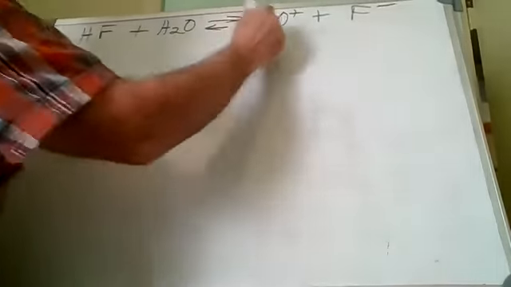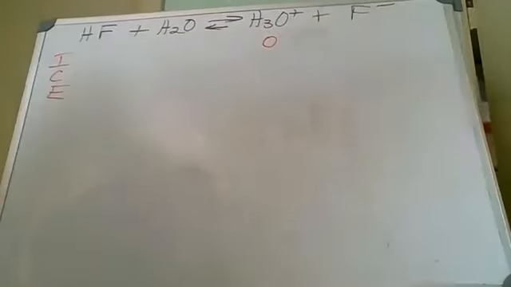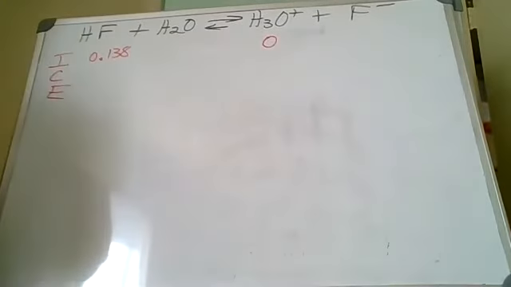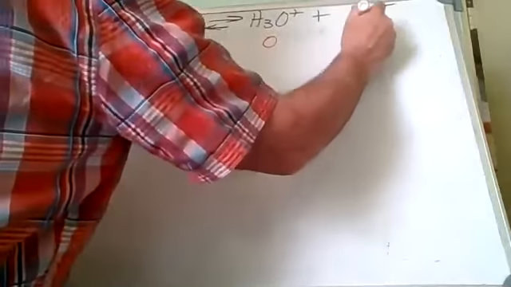Now we're going to make our little ICE table with those new concentrations. This of course will be 0. This one is 0.138, and this one was 0.379.